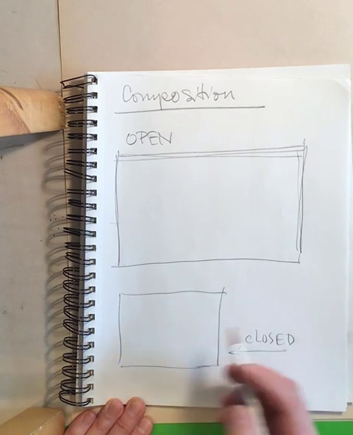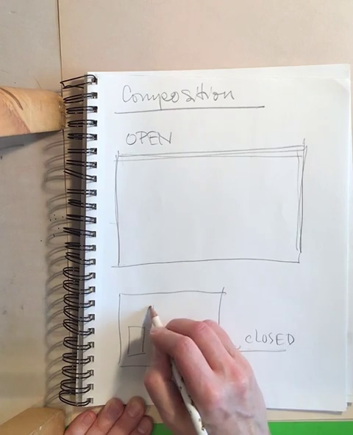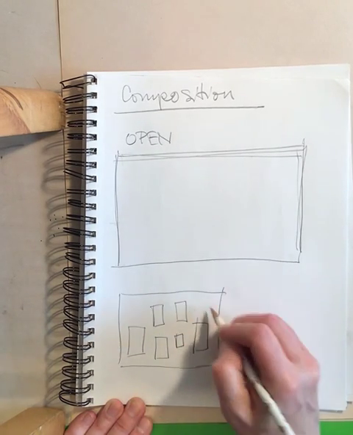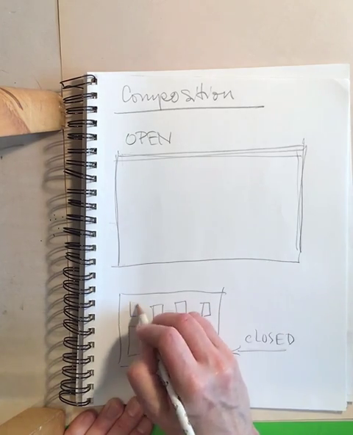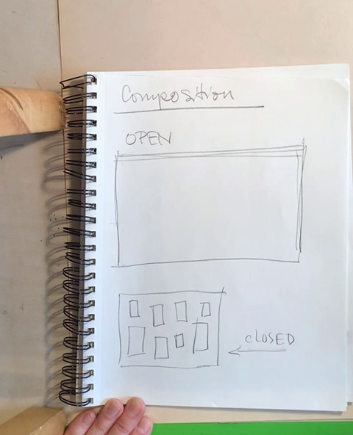A closed composition is when your information does not reach the edge of the picture. It tends to have a flatter, more symbolic look to it.